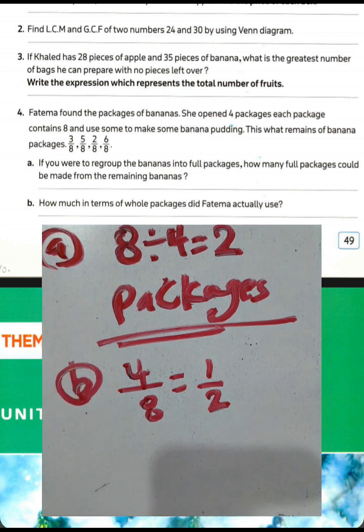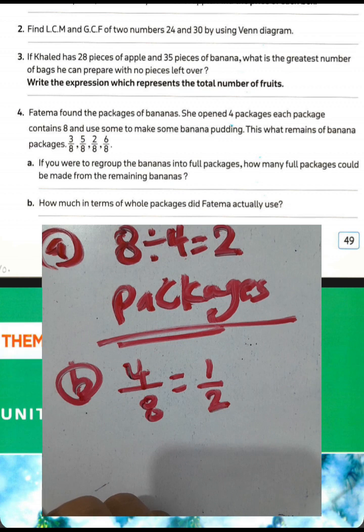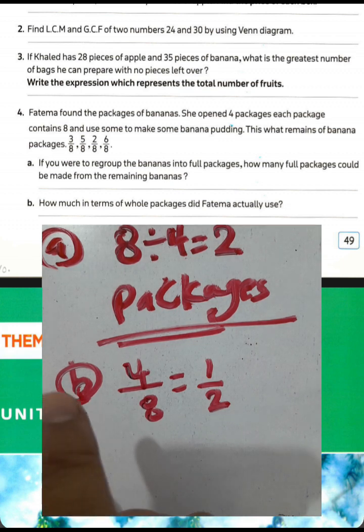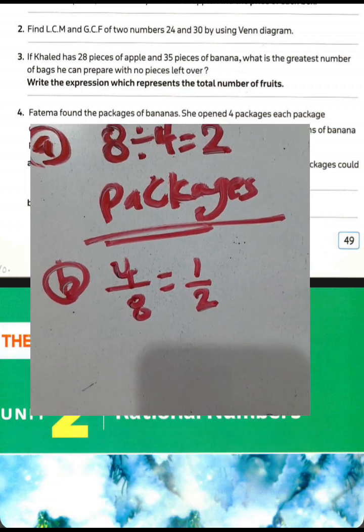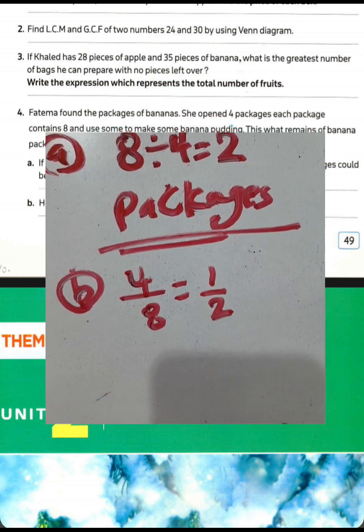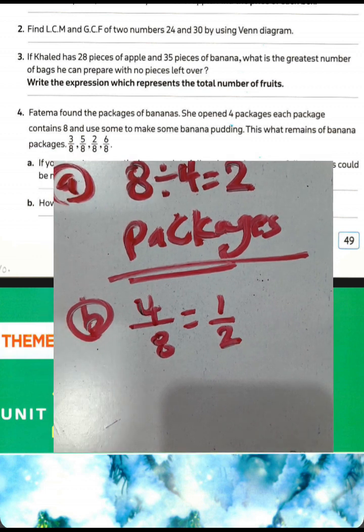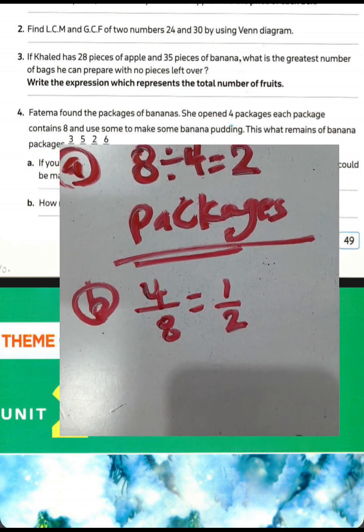I will explain it again, okay? Question letter A, what does it want? If you were to regroup the banana into 4 packages, how many 4 packages could be made from the remaining banana? Look at this example again. Fatima found the packages of banana. She opened the 4 packages. Each bag contains 8 and used some to make some banana pudding.